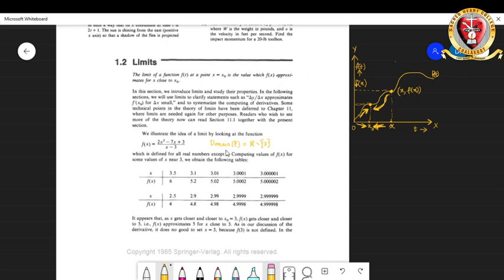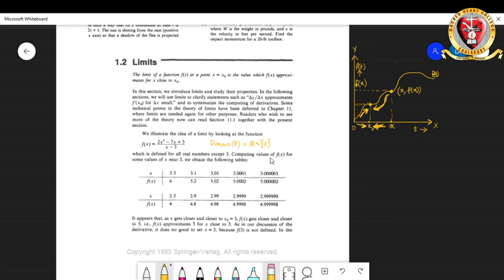We conveniently take the domain of the function f to be the set of all real numbers, where x can take any real number value except 3. We write it as script R minus, in slanting form, the set {3}. That means we exclude 3 from the set of all real numbers.